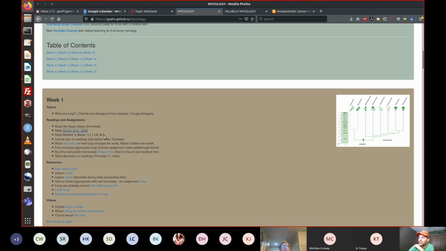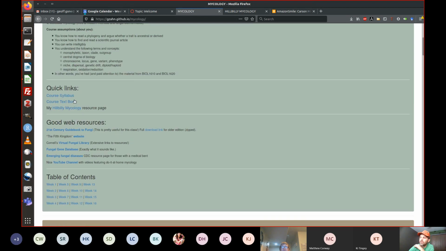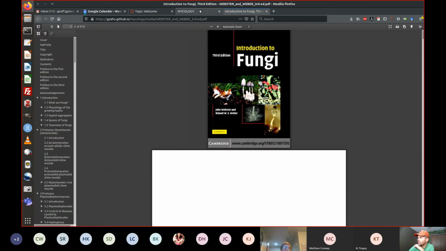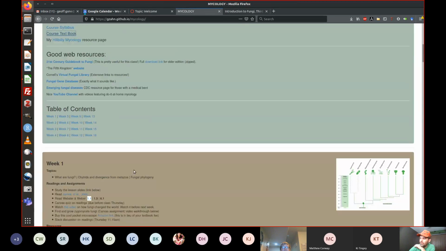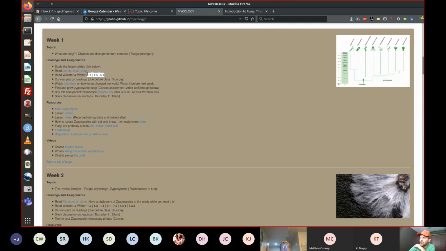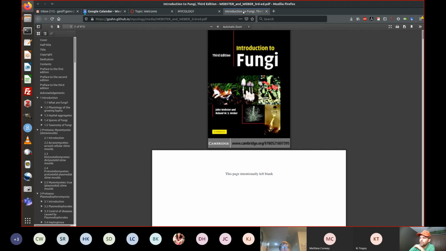and that'll help you on your quiz. And then for any reading that says Webster and Weber, this is giving you the chapter and section numbers, and that's our course textbook here. So for the first bit, Webster and Weber 1.1, 1.5, and 6.1.